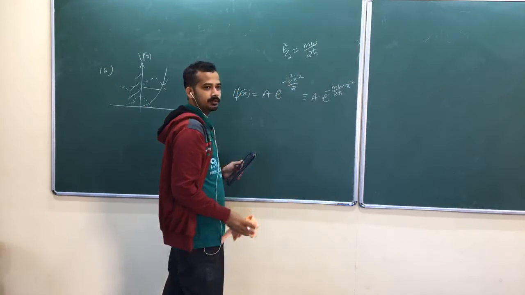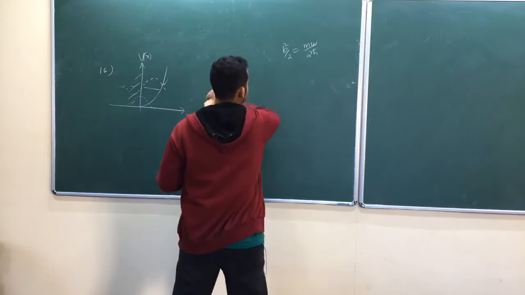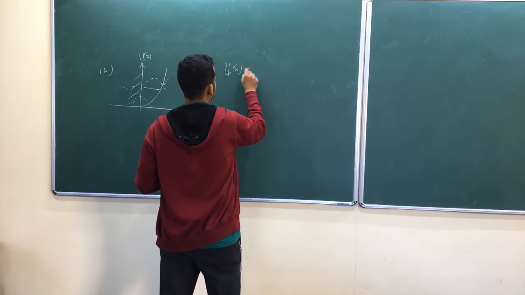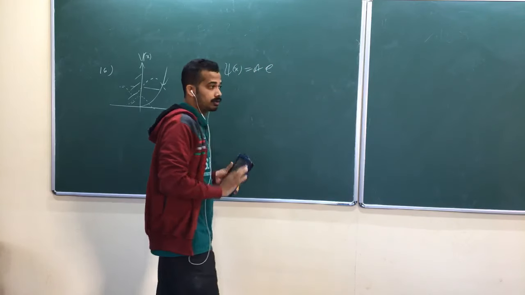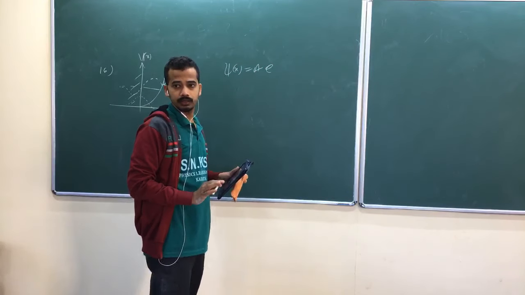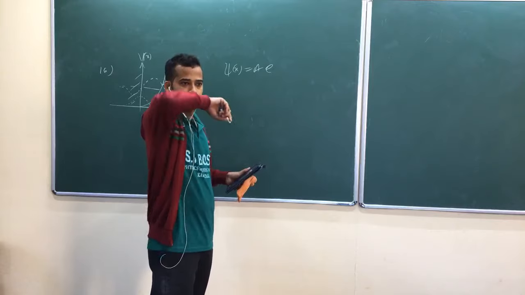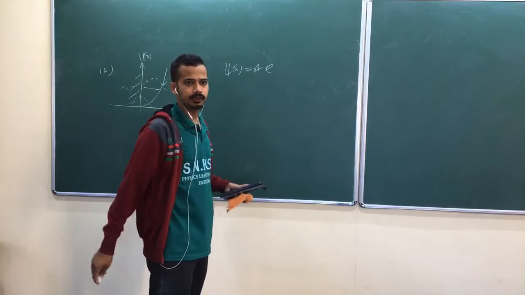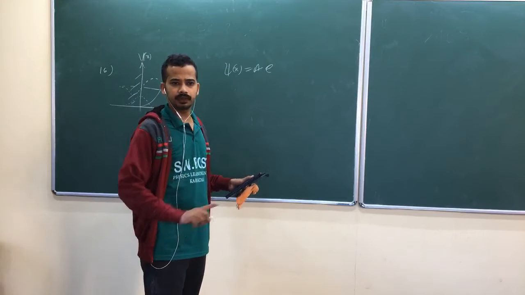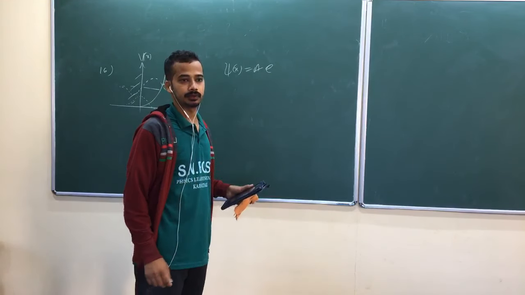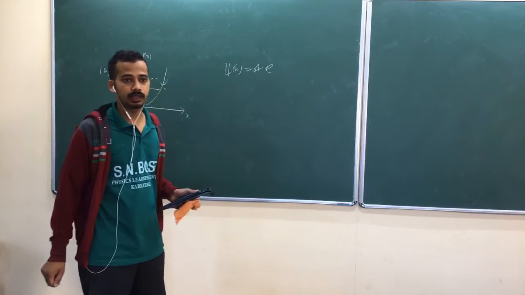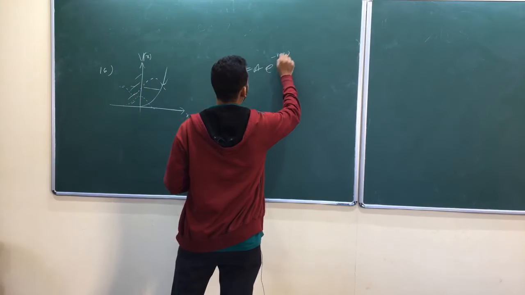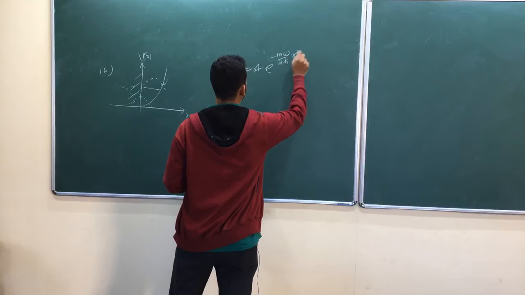Just compare it. Let me write it like this: psi of x is equal to A e power minus m omega by 2 h bar into x square. You have to remember ground state wave functions. You have to remember the wave functions of your particle in a box problem, all of them, obviously, that's very easy. Later, in whatever difficult situation, they are expecting you to remember the ground state wave function. They will not always give it, okay?